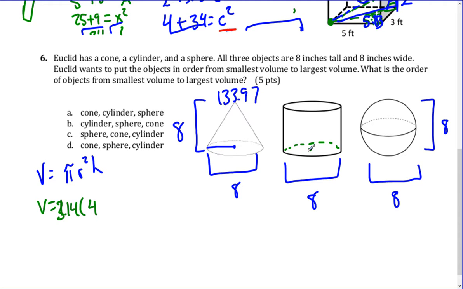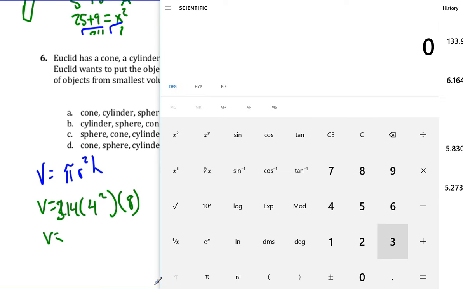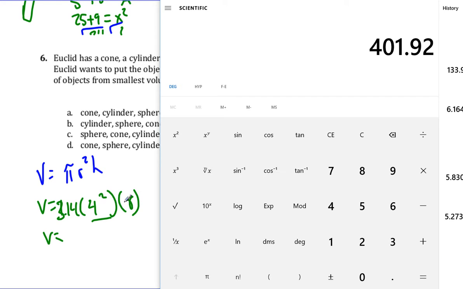And the height is still 8. I'm doing the exponent first. 4 squared is 16. 16 times 8 times 3.14 equals 401.92.